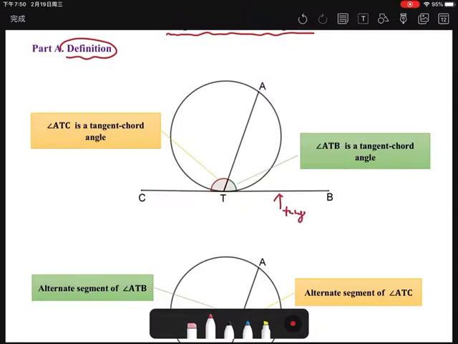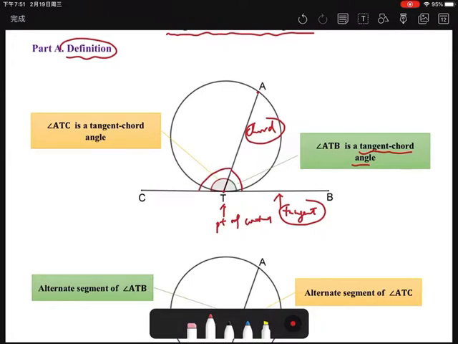Here it is given that BC is a tangent to the circle at point T, where T is the point of contact, and AT is a chord. The angle formed by tangent and chord is called a tangent chord angle, very simple.